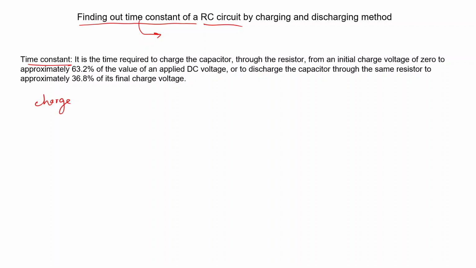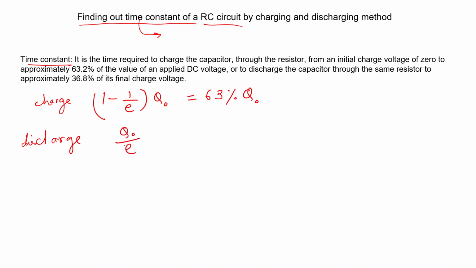time required to charge the capacitor up to 1 minus 1 by e times the maximum charge, which comes out to be 63% of the maximum charge, or to discharge the capacitor to 1 over e of the maximum charge, which comes out to be actually 37%.